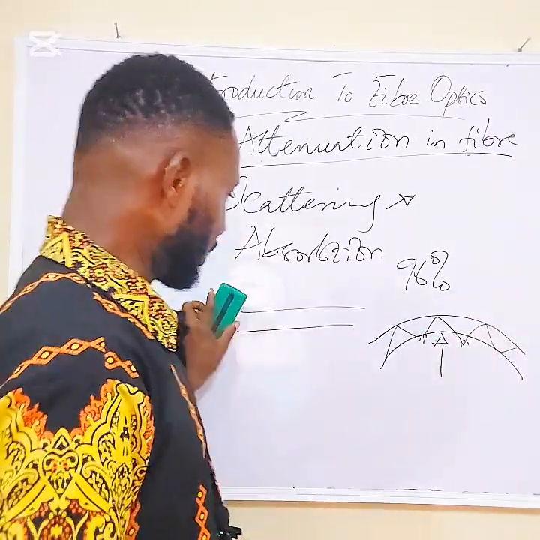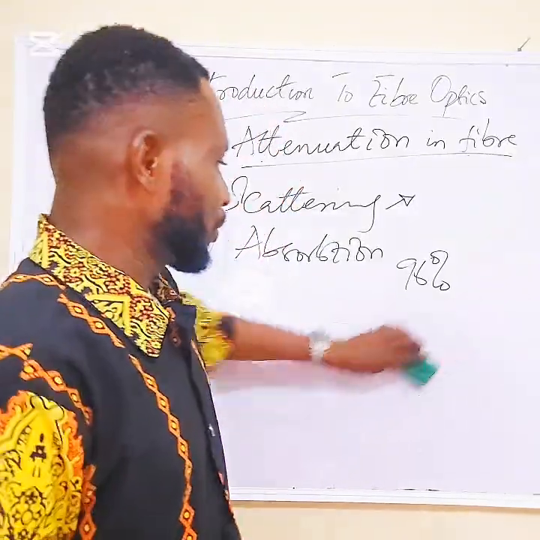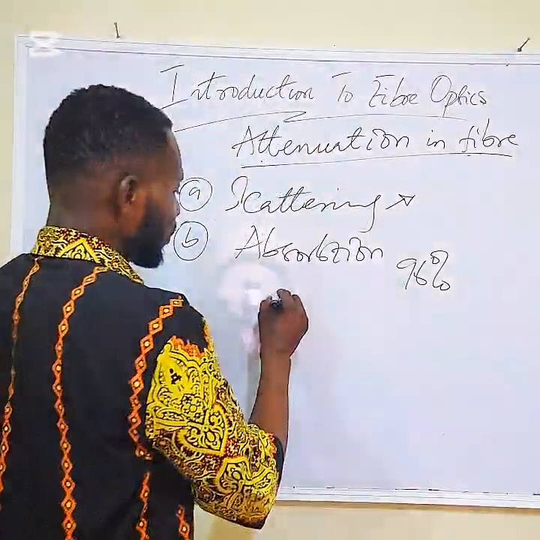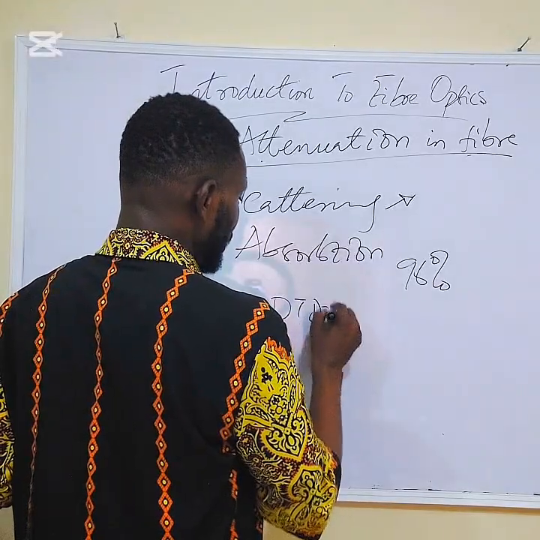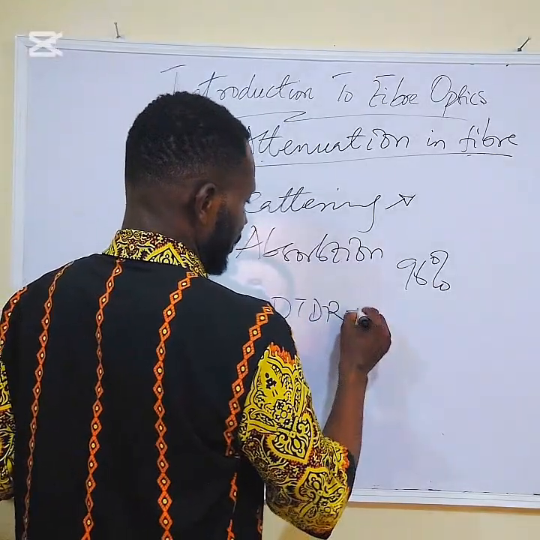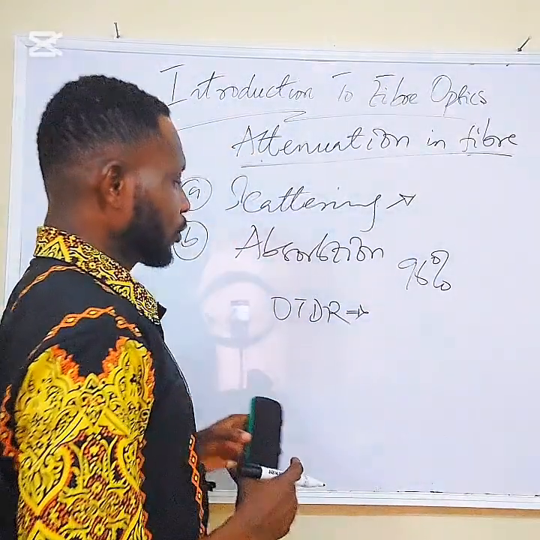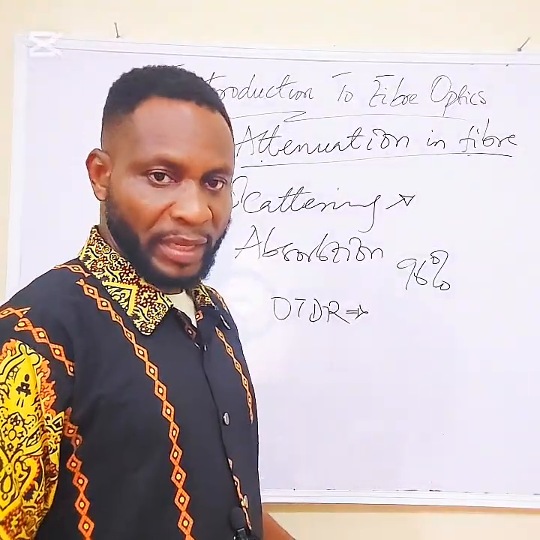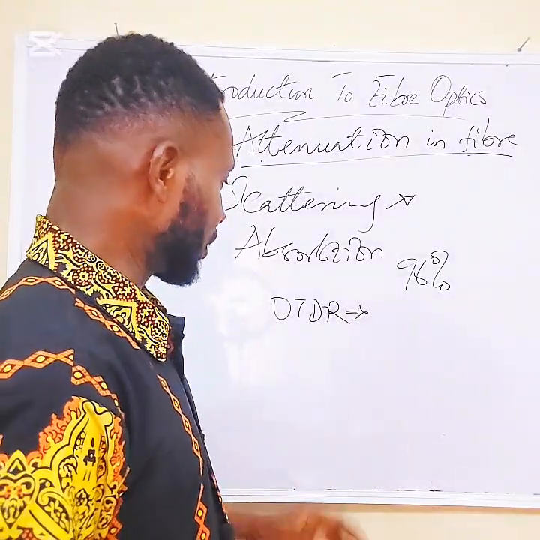What do I mean by that? You know what we call OTDR, this is a measuring tool that we use to measure losses on the cable. We are going to talk about it when we get there.